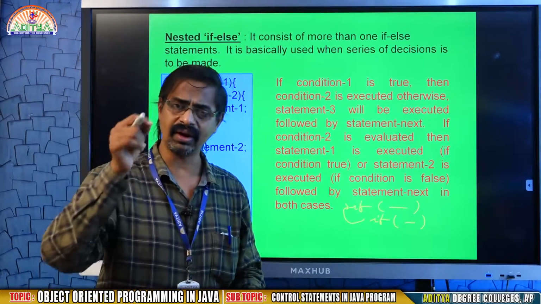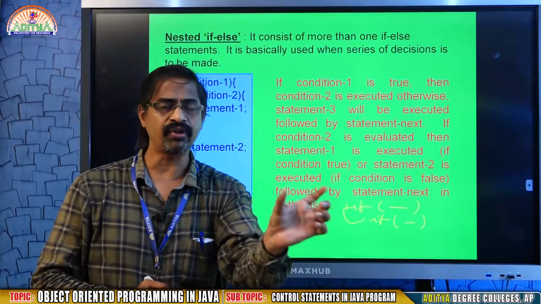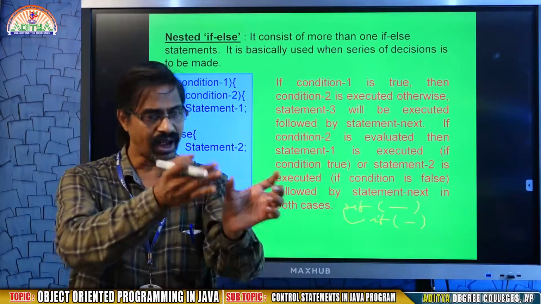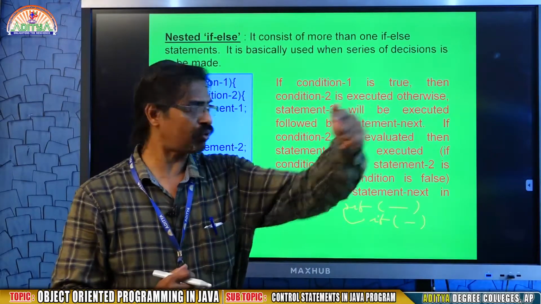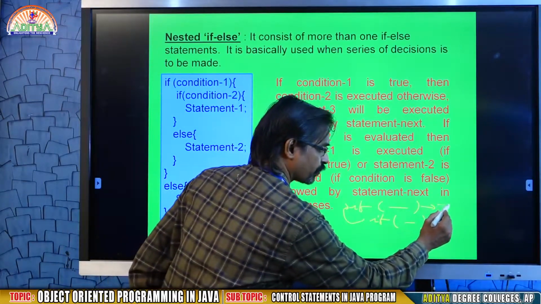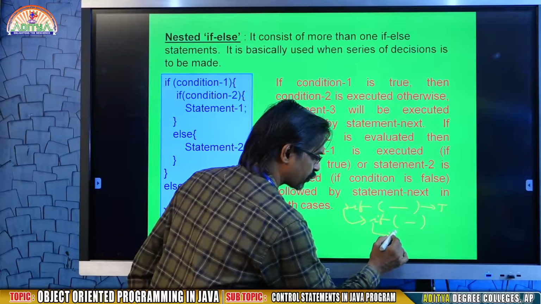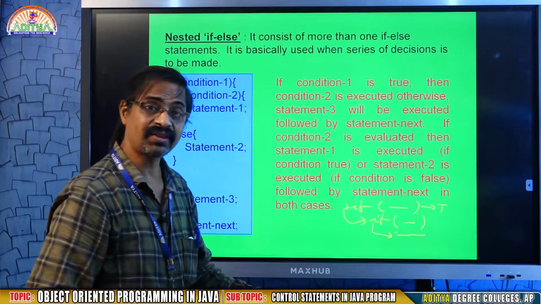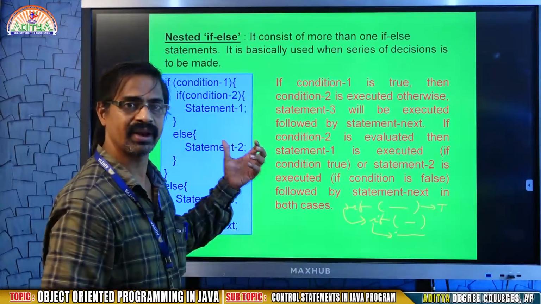But in another way, if A greater than B, then write another if: if A greater than C, another if A greater than D. That means if the first one is true, it is going to the second one. If the second is true, going to the third. In this type of context we are going to use this nested if.